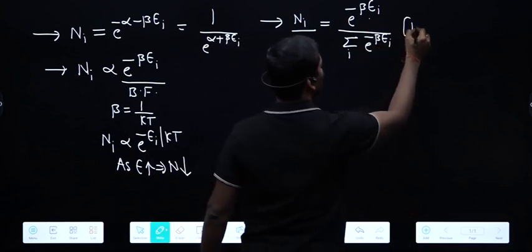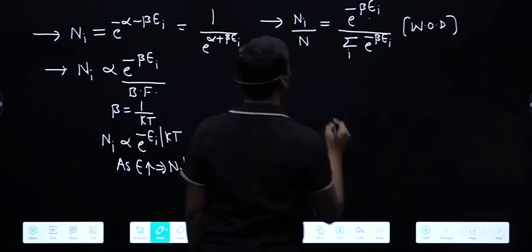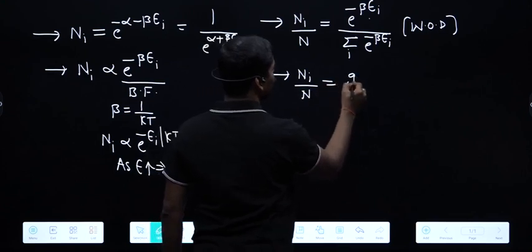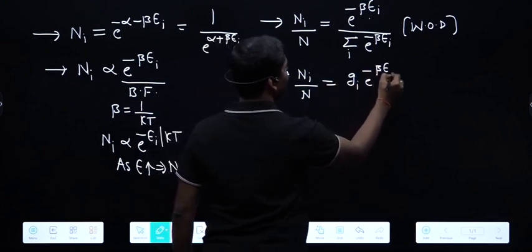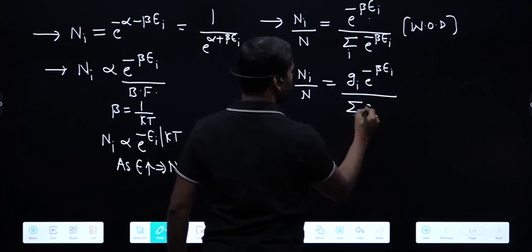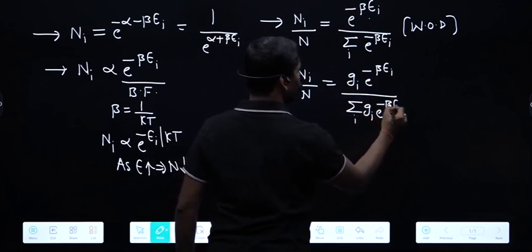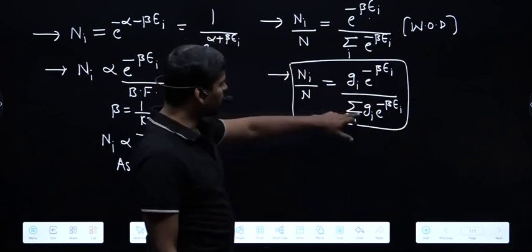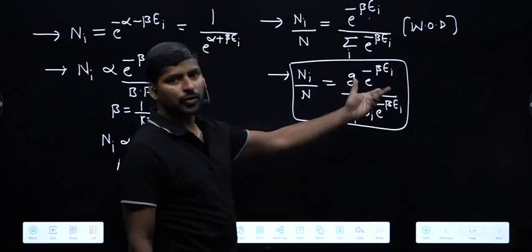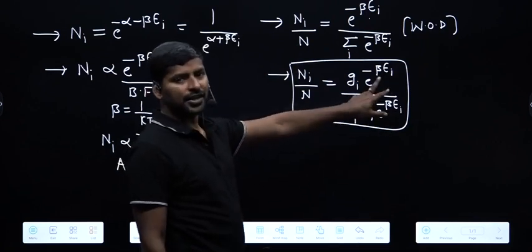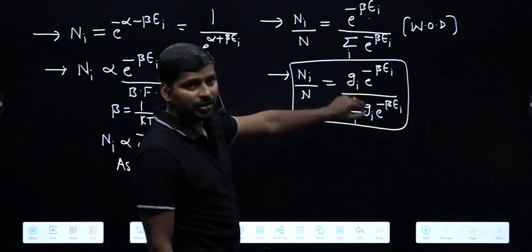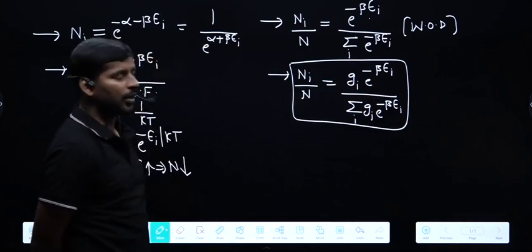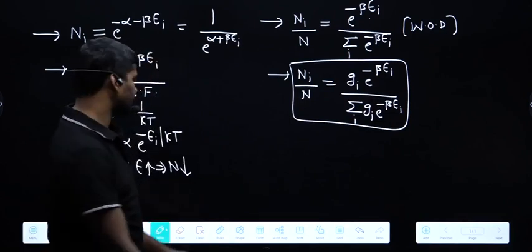This is without degeneracy. If there is degeneracy, this is the formula: gi into e power minus beta ei by summation over i of gi e power minus beta ei. You had better remember this equation. Since there are no degenerate energy levels, the g value is equal to 1, the order of degeneracy is 1. Non-degenerate energy levels means the g value is equal to 1. So this is the expression for the fraction of particles present in the ith energy level.